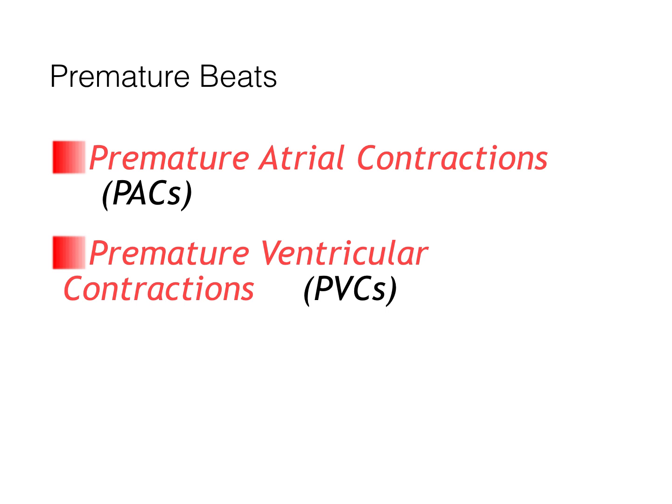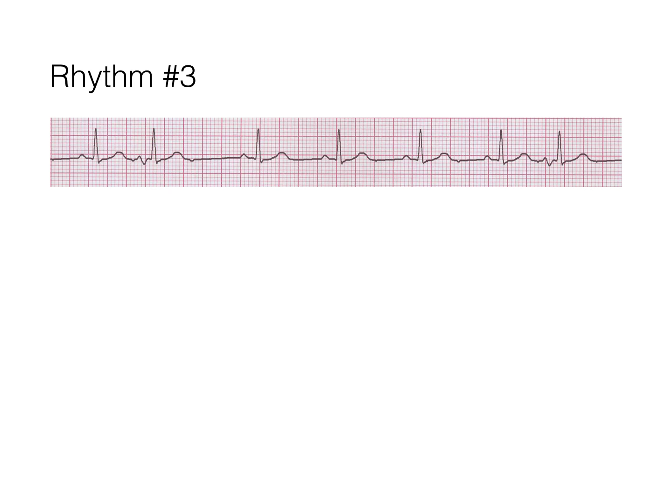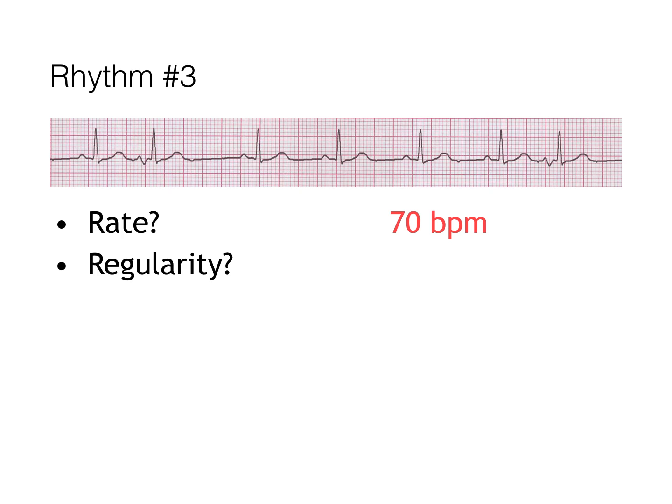Now we will talk about premature beats, premature atrial contractions and premature ventricular contractions. In this strip, first we will find the rate. It comes out to be 70 beats per minute. Is it regular? No, it is occasionally irregular. What about P waves?